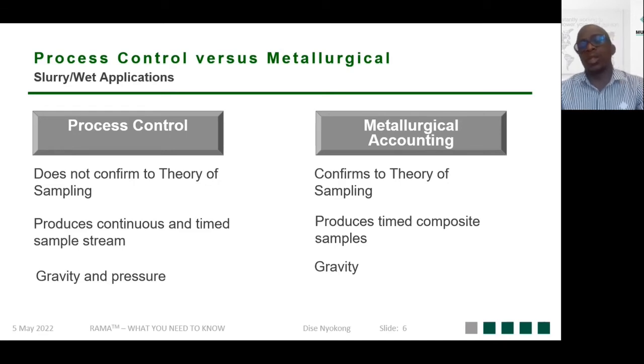So metallurgical accounting only complies for applications where streams are under gravity. Generally, not a rule of thumb, but as proven, to extract a sample representatively under a metallurgical accounting setup, it needs to be in a gravity setup with 2 meters per second and less. Right?